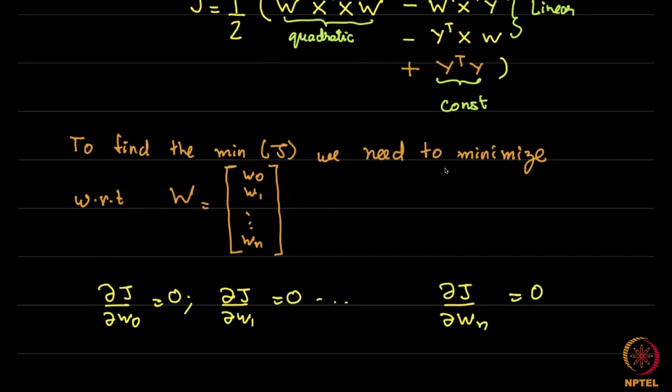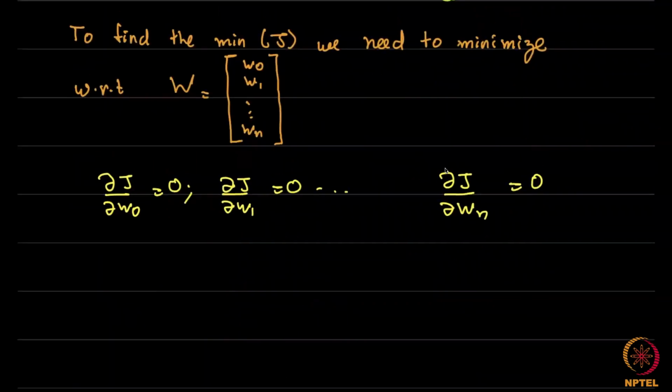Now, in the same notation, this can again be written in a vector or matrix form. We say del J del W equal to 0.